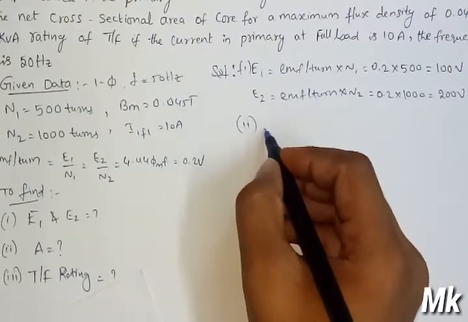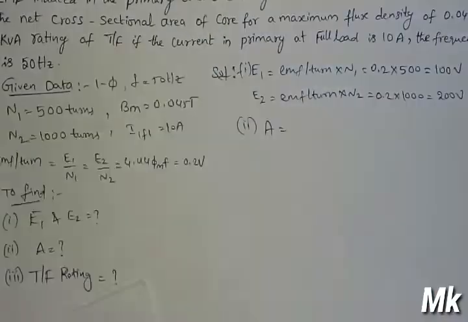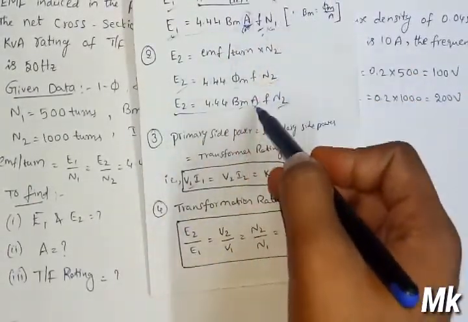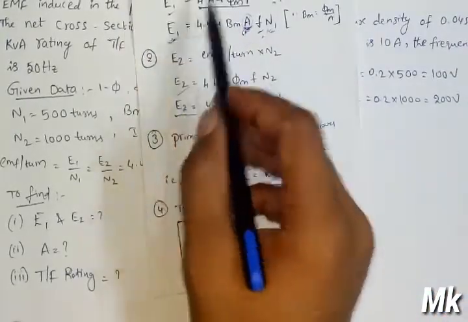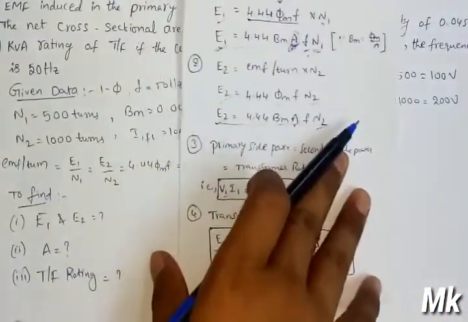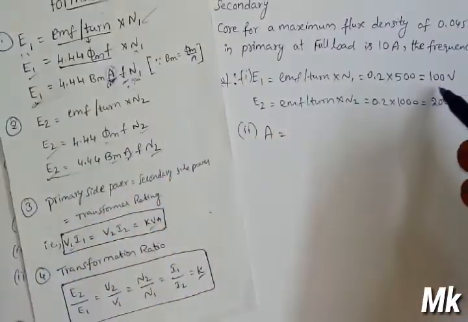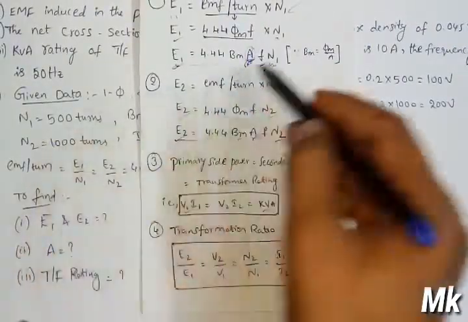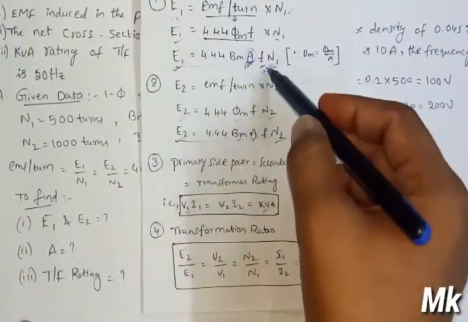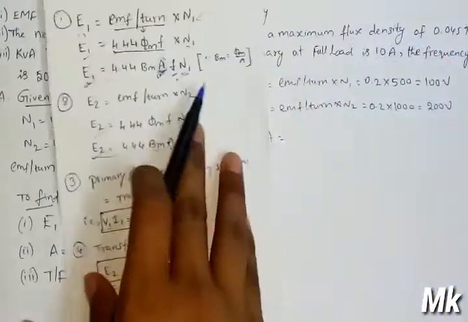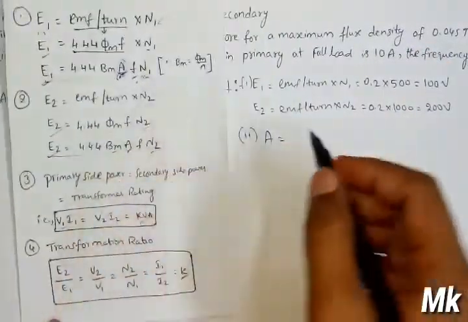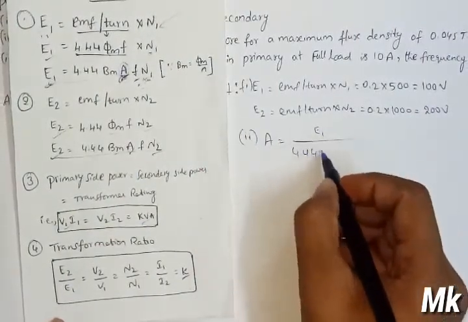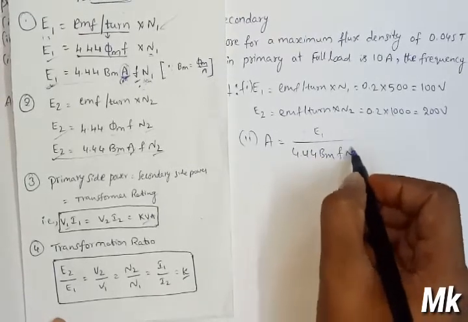And second question, to find area. In this, to find area, this formula is suited, or this formula also suited. See, here E1 is there and E2 is also there, and N1, N2 are given here. Bm also given, frequency is 50, so we use any one. I am using this formula to find A. Then A is equal to E1 by 4.44 Bm f N1.